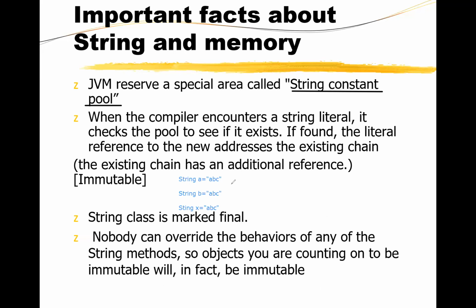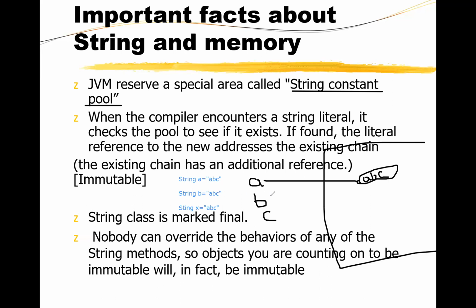Now you can create reference variable a, reference variable b, reference variable c. When you say a equals abc, reference variable a refers to the object abc from the heap memory. When b also equals abc, this is what you call the string constant pool. The compiler checks whether the ABC object exists in the constant pool.